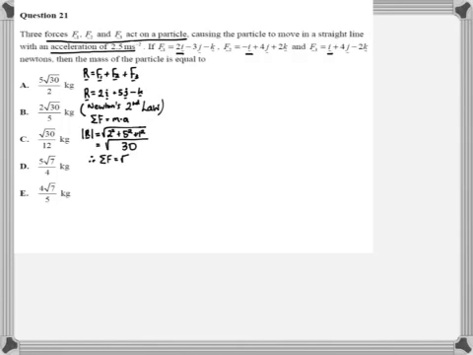We take the modulus of the resultant force and we get root 30. Sum of forces is root 30, and Newton's second law is mass times the acceleration of 2.5. Now 2.5 as a fraction is 5 on 2, and using that we can solve for m, and we get option B. Fantastic.